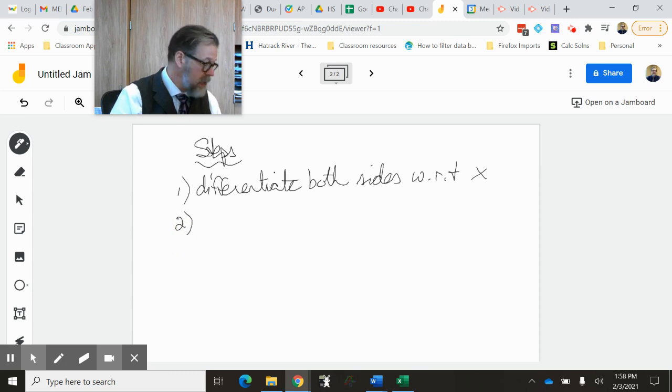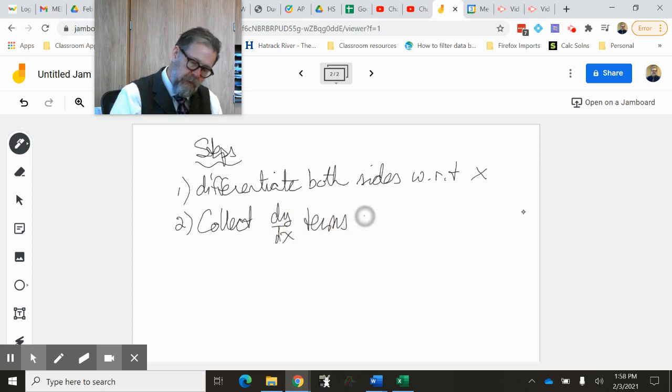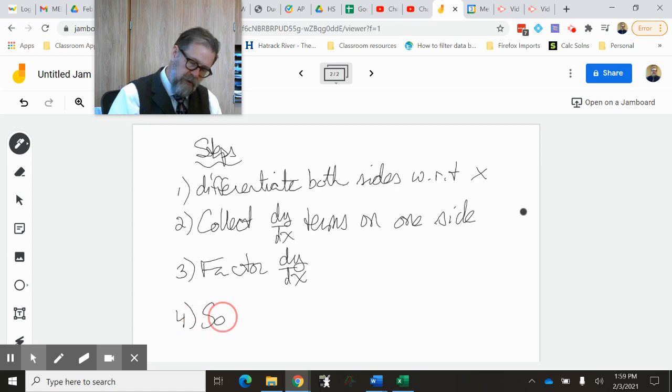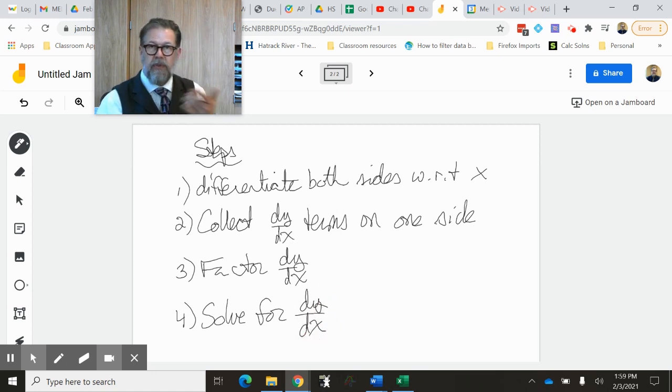Step two, we collect the dy dx terms on one side. Step three, we factor out the dy dx. And step four, we solve for dy dx, which of course would just involve dividing both sides by whatever was left after we factored.